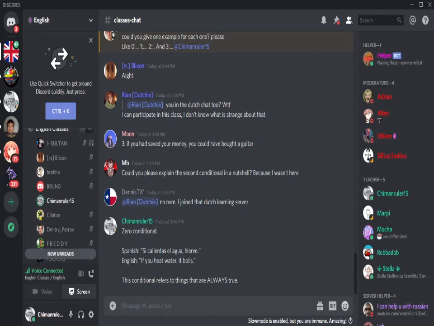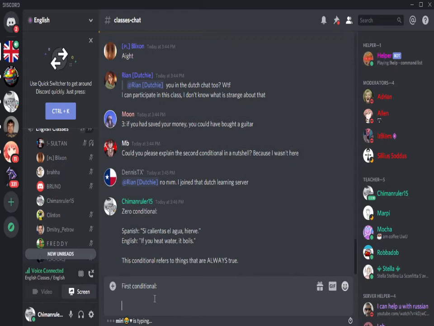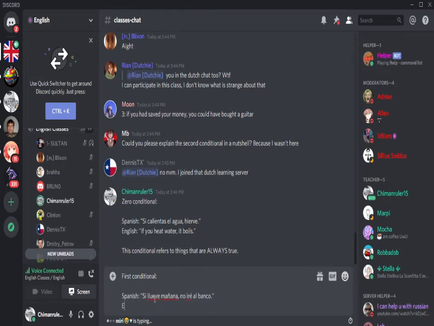And for the first conditional, here's another example. I'm going over the conditionals 0 to 3 really fast. In the first conditional, in Spanish, the sentence would be this, and in English, the sentence would be this.